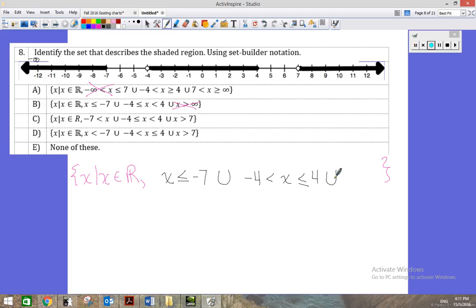Then I have a break to describe this interval. These values of x are strictly bigger than 7. It's not greater than or equal to, because that's not a solid dot. It has to be x greater than 7. So with these breaks, I needed the unions. Here you can see that within this compound inequality, the arrows are pointing in the same direction.